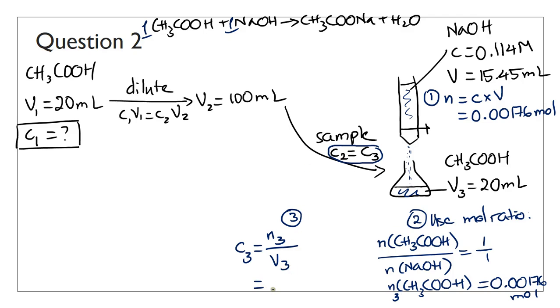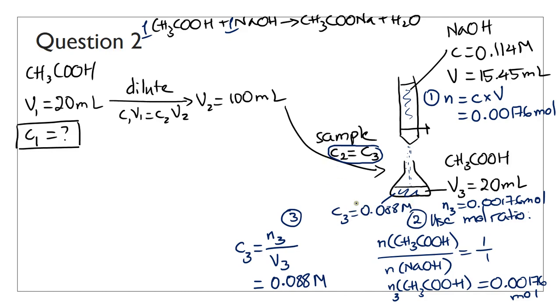So the concentration of ethanoic acid in the conical flask is 0.088 molar. So beside V3, by calculation, we have found N3, which is 0.00176 mole. And then from step 3, we have found C3, which is 0.088 mole per liter.